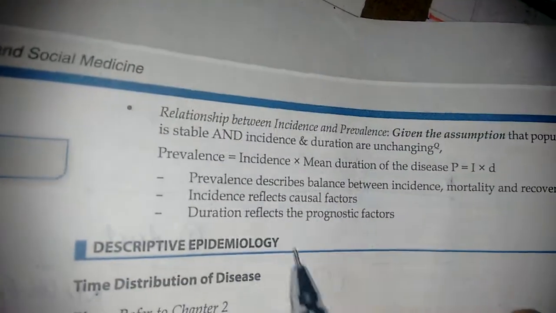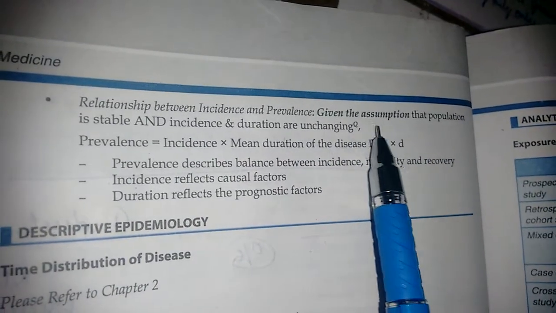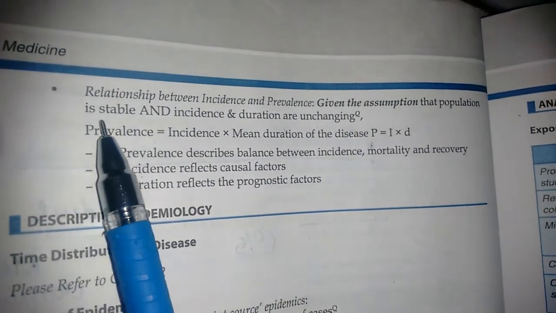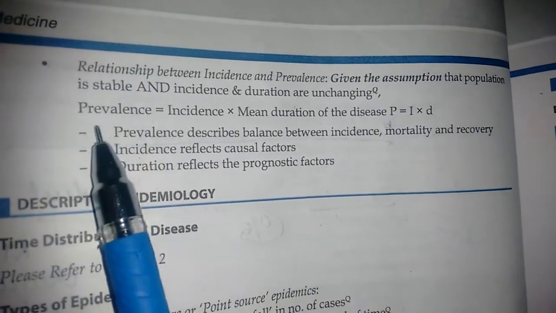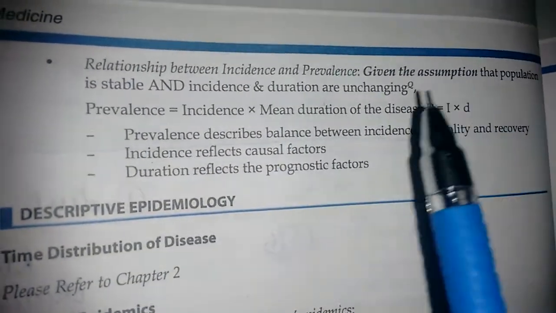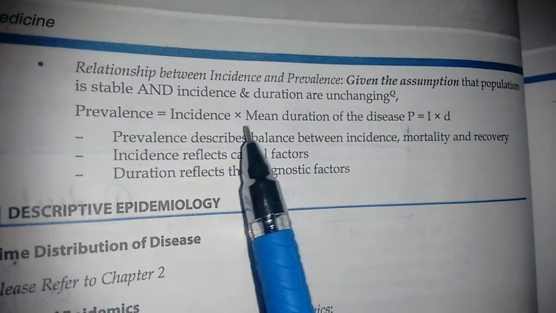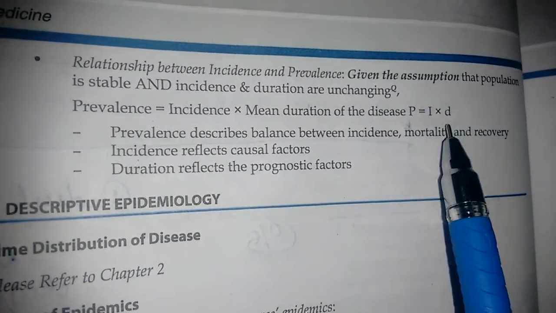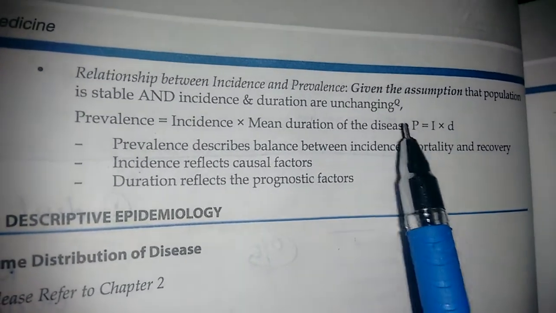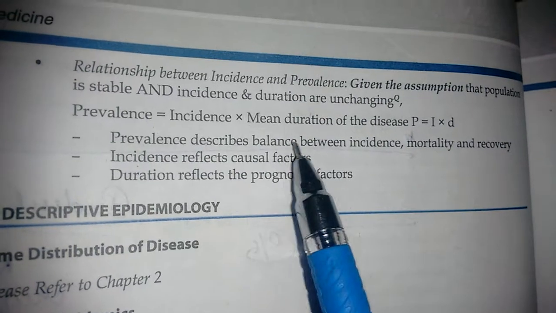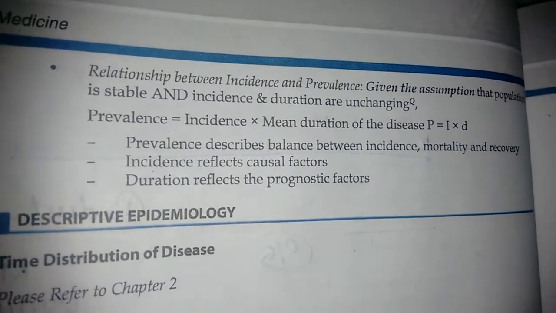What is the relationship between incidence and prevalence? Given the assumption that the population is stable and incidence and duration are unchanging, prevalence equals incidence into mean duration of disease: P = I × D. Remember, P: please give your ID.